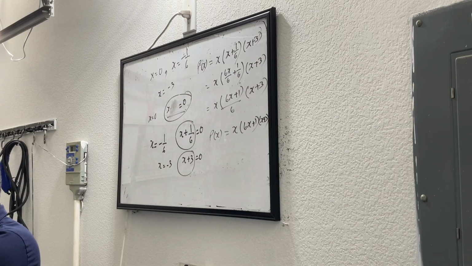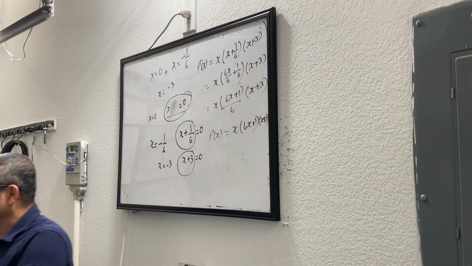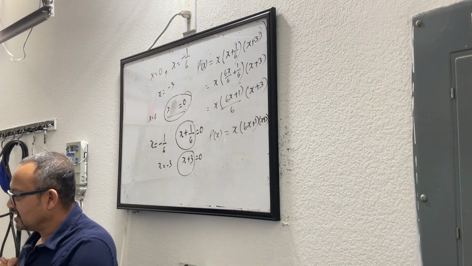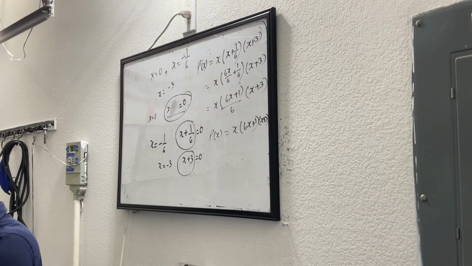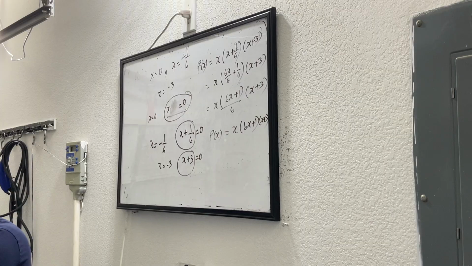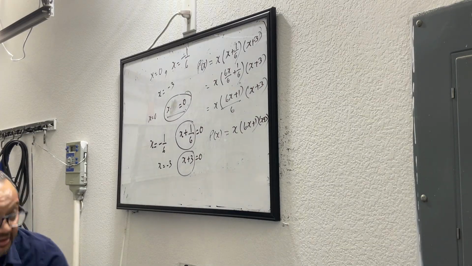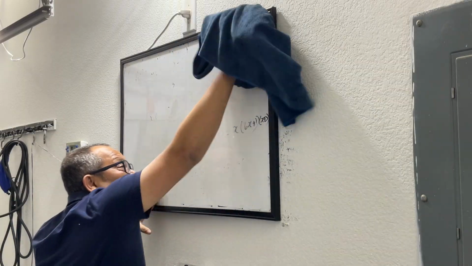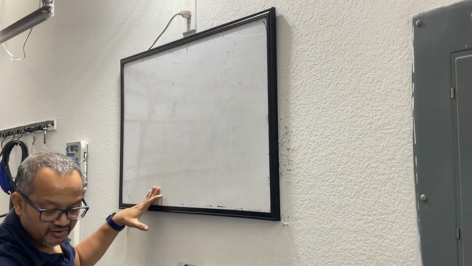So this was on the zeros of a polynomial. Now let me give you guys a little bit of a problem to solve. This has more to do with factorizing a polynomial, because you're not always given the factored form. You might also be given a situation to find the zeros of the polynomial from a polynomial expression which you have to factorize.